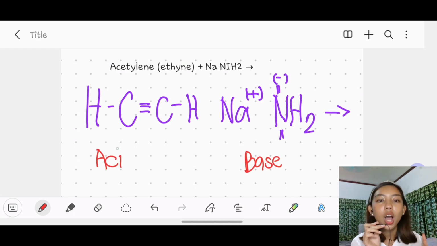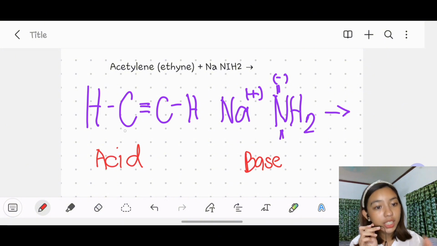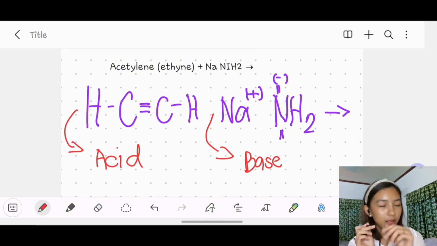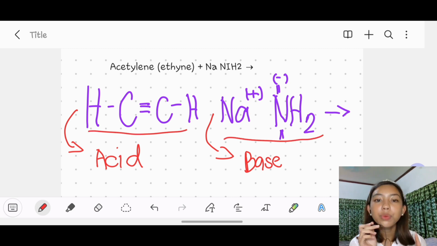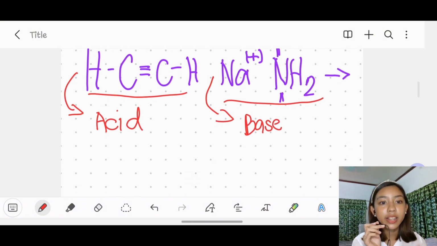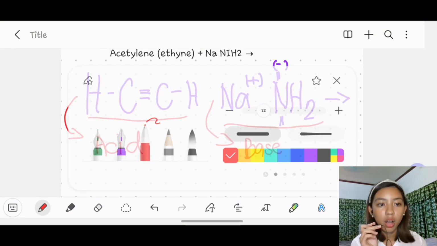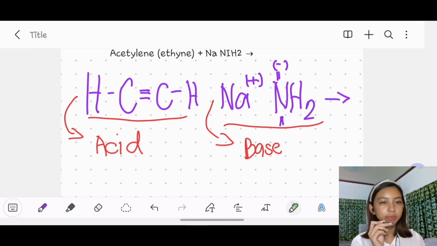Yes, ammonia, which is much more stable with no formal charge. In this reaction, the sodium amide acts as a base because it has the negative formal charge and a lone pair of electrons, allowing it to act as a base. The acid in this reaction is the acetylene.